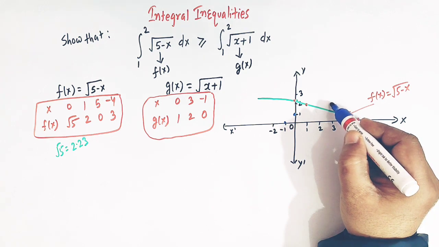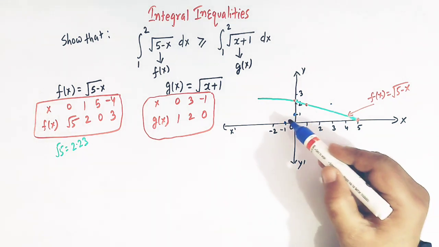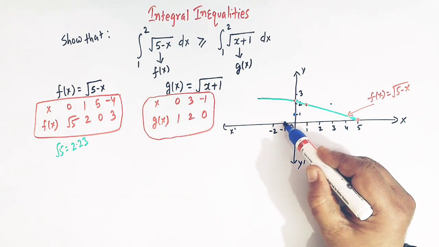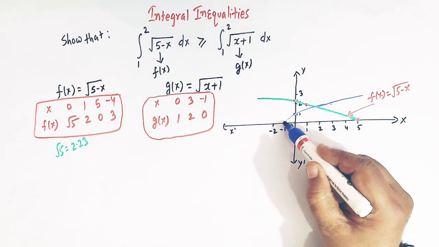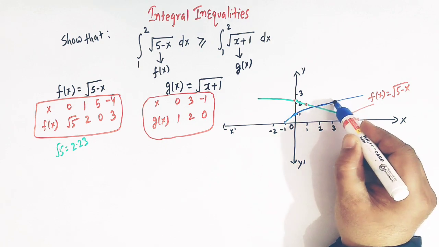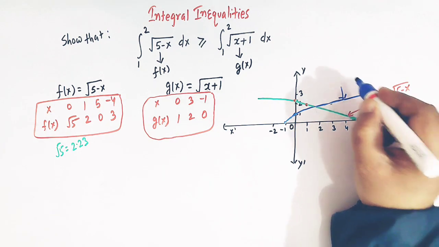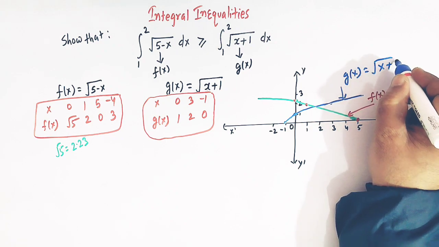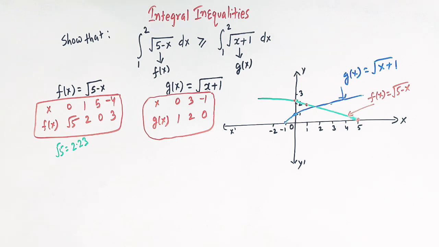So this point lies somewhere here, right? Okay, so now we can draw the graph of g of x. So the graph goes like this, right? So this is the graph of g of x, that is square root of x plus 1. So now we have the graph of both the functions.